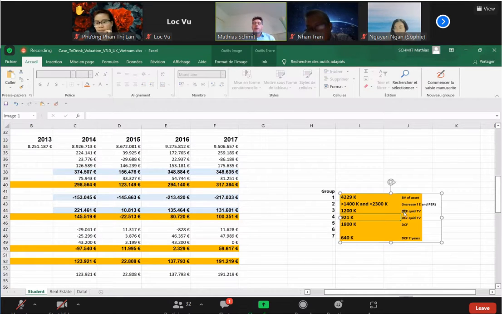Some groups went for the discounted cash flow over a limited period of time, over 7 years. I understand, because I asked a question for the next 7 years with a debt and so on. But in fact, when you value something, you have to take into account all the future free cash flows, so till infinity, that's why we need the perpetuity.